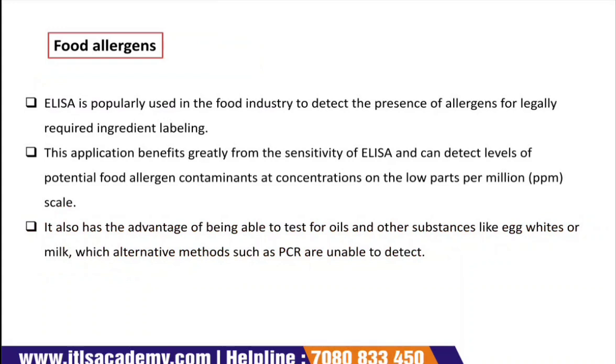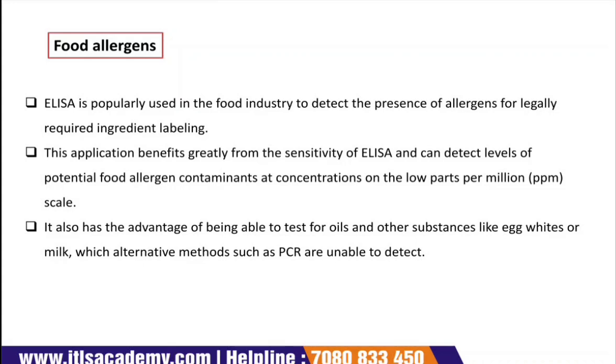This application is widely beneficial because of the sensitivity of ELISA, which can detect the level of potential food allergen contaminants at very low concentrations, in the lower parts per million, that is the ppm scale.